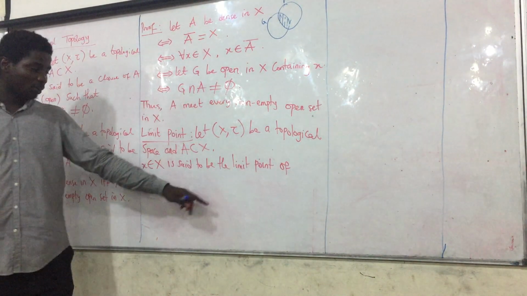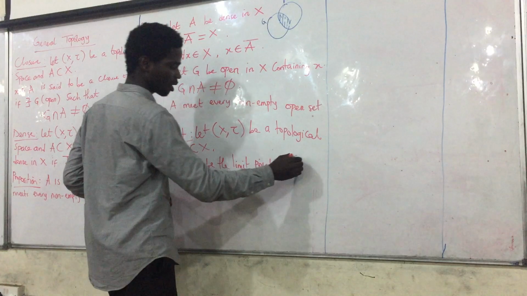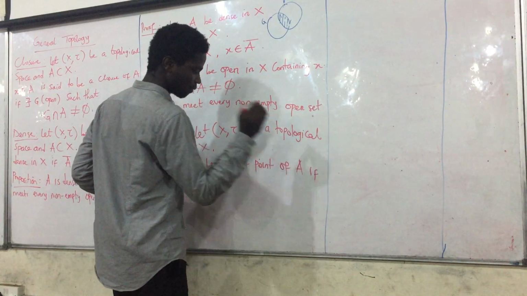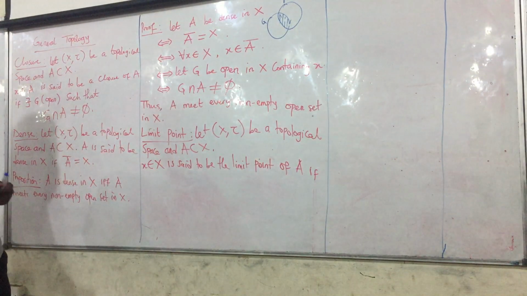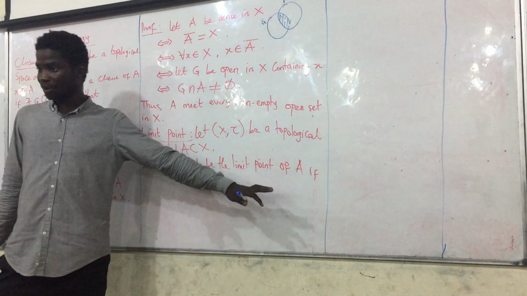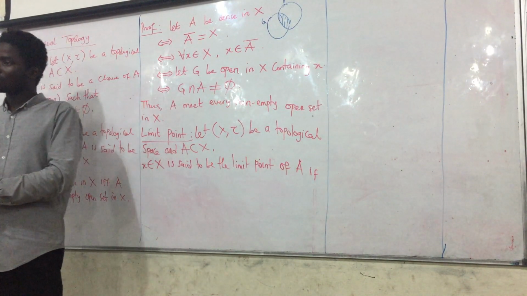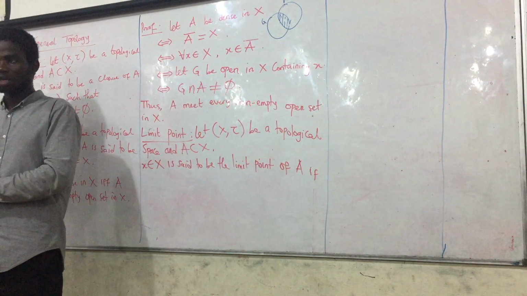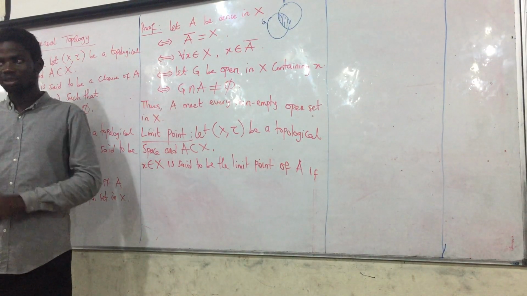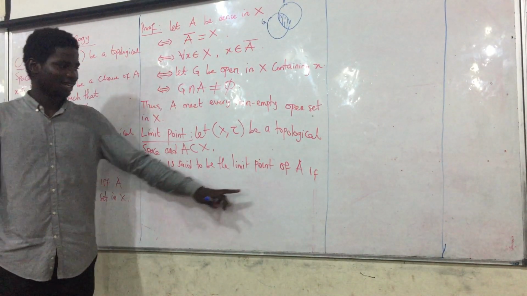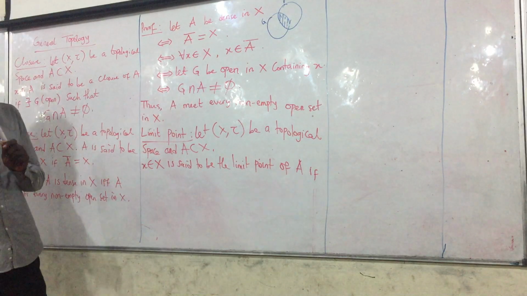x is said to be a limit point of A if, another name for limit point is accumulation point, or cluster point. Let me tell you what it means.